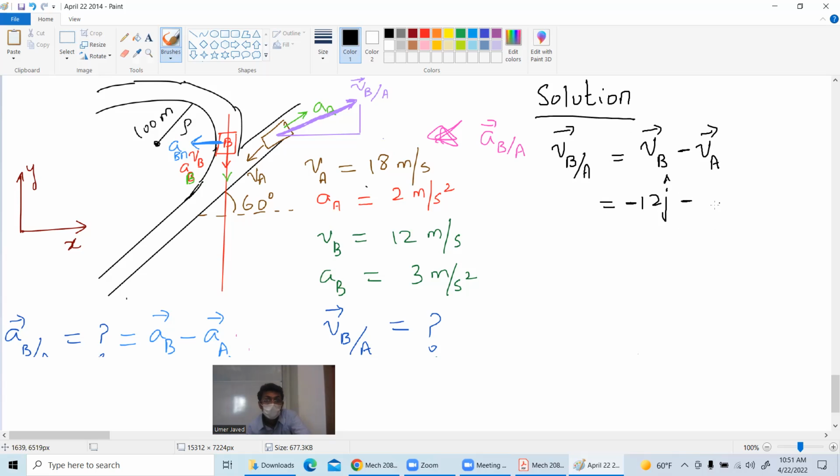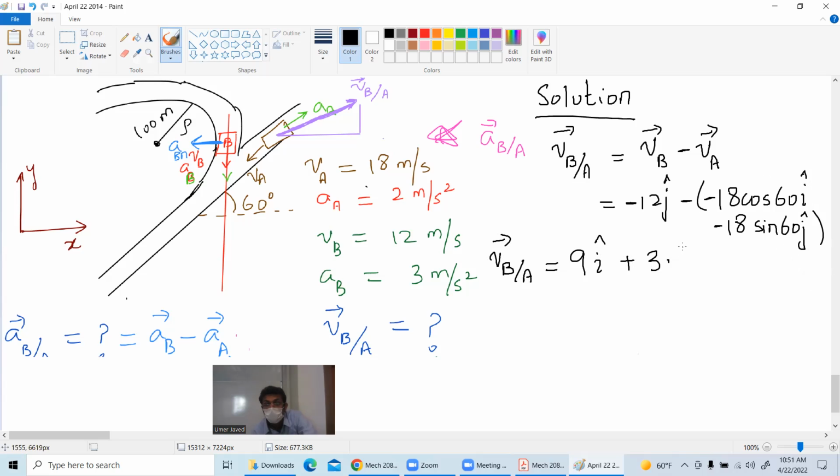And minus VA is minus 18 cos 60 I minus 18 sin 60 J, I suppose. Good. I think everyone figured it out. Right? Let me double check. So VB with respect to A comes out to be 9I plus 3.6J, right?